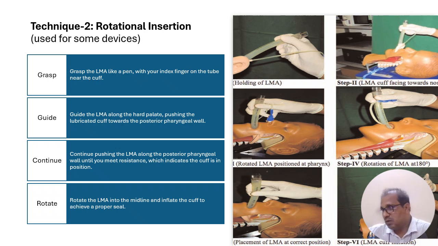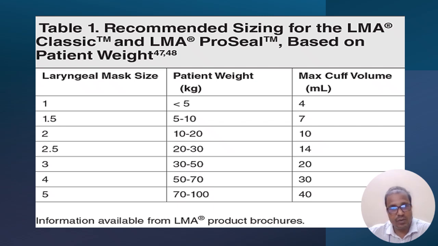There is also another technique, which is called the rotational technique. In this case, we follow the hard palate towards the hypopharynx, and after insertion, when we feel resistance, we rotate the LMA 180 degrees, which places it fully in the laryngeal inlet.